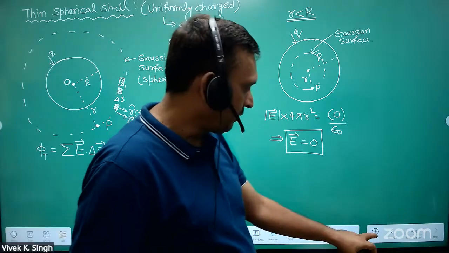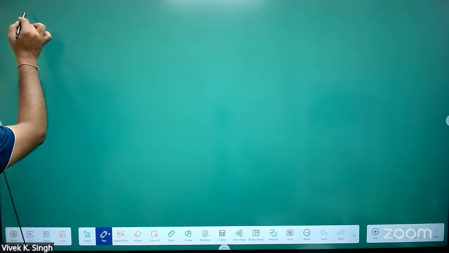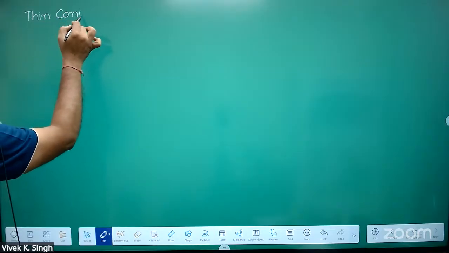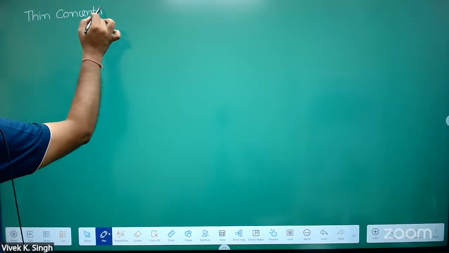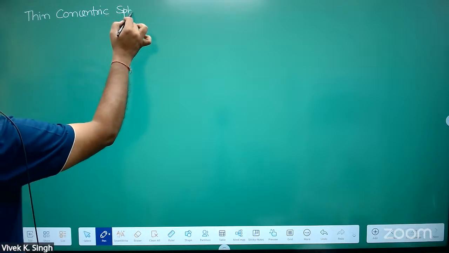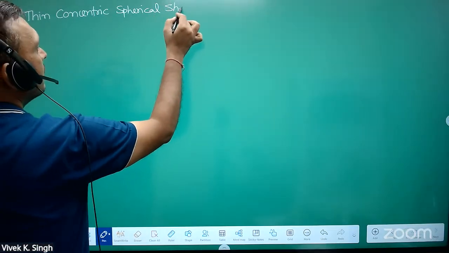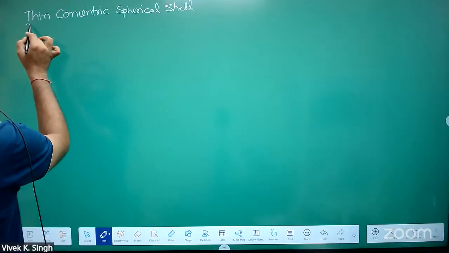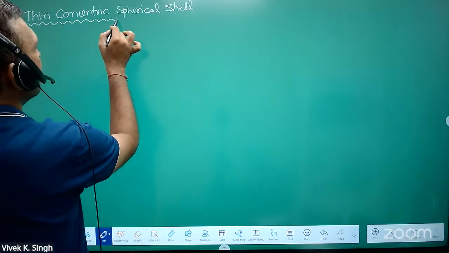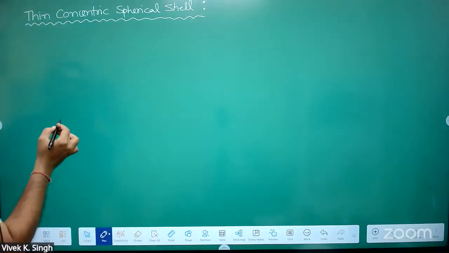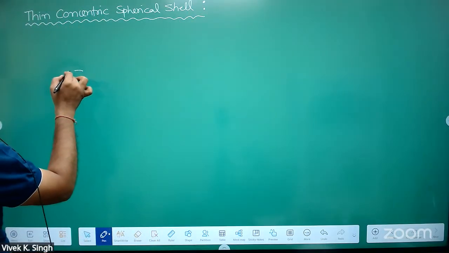In the spherical symmetry, consider a thin concentric spherical shell. So let's see this figure.